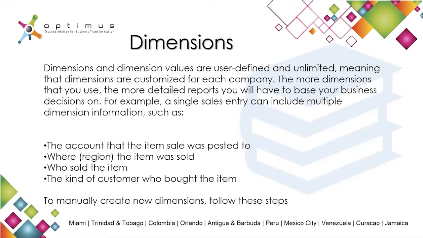If we post a value for a sales operation, we need to get the income value with the GL account for the sales operation, with the region where I was selling an item or service, plus the person who sold it, maybe in the store, plus plenty of other information. Think of what information you need that should be included in any operational transaction.